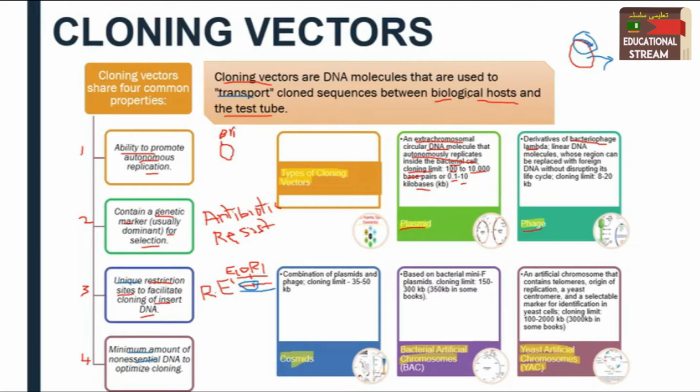We know about the structure of the virus, that it contains a head, a tail, and a tail fiber, so it consists of mainly 3 components. Then it is a linear DNA molecule whose region can be replaced with a foreign gene without disrupting its life cycle.